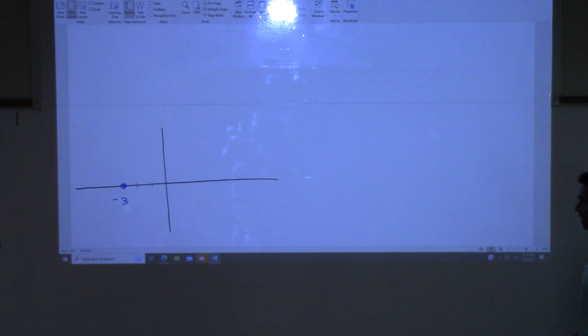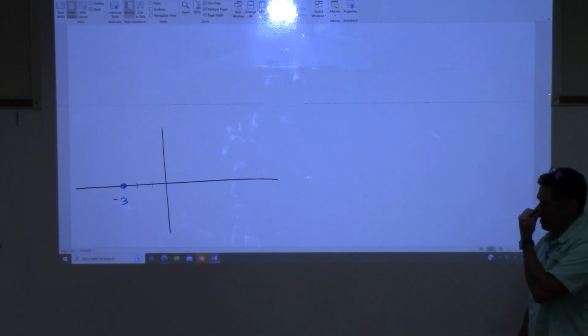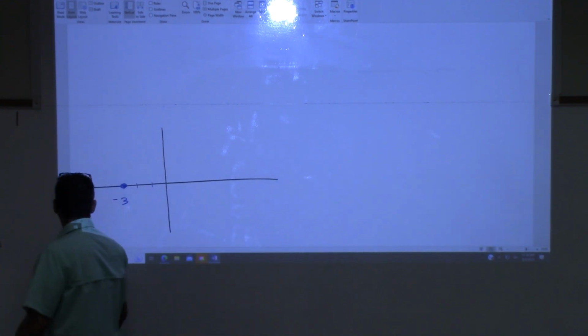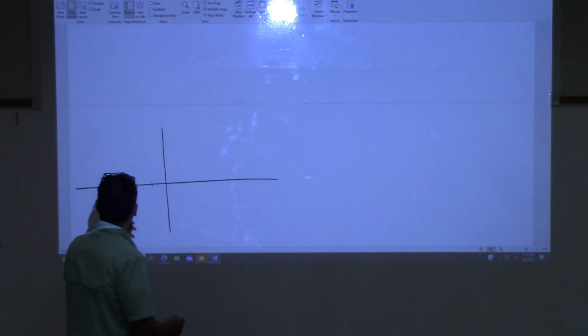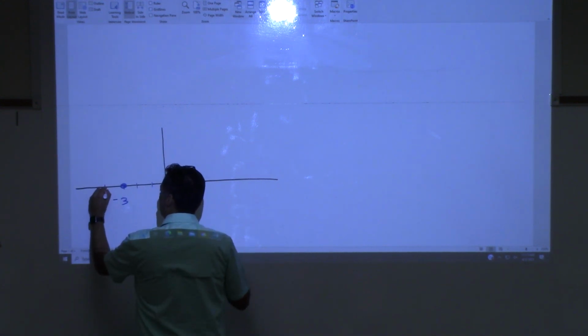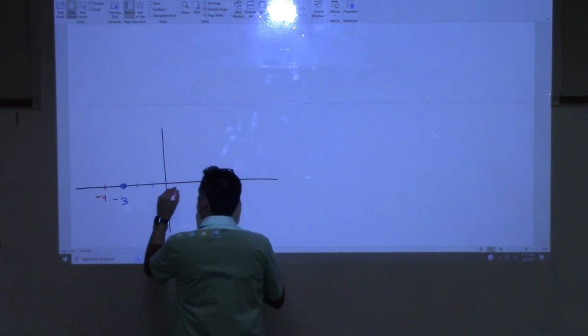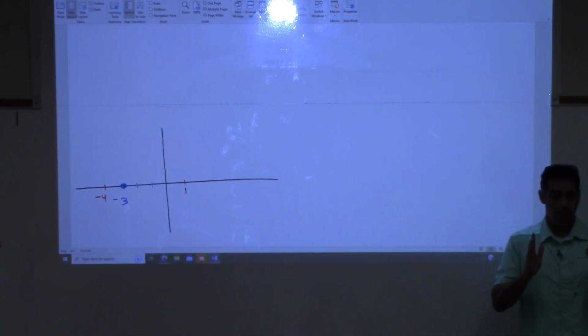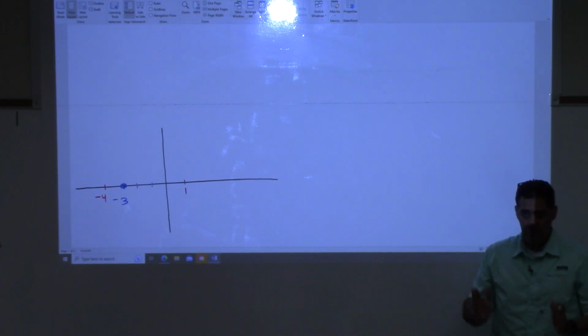Okay, next piece of information was what? Verticals, right? We had two verticals. Where were they? -4 and 1. So if I go to -4 and I go to +1, what am I going to draw there? Vertical, straight up and down.